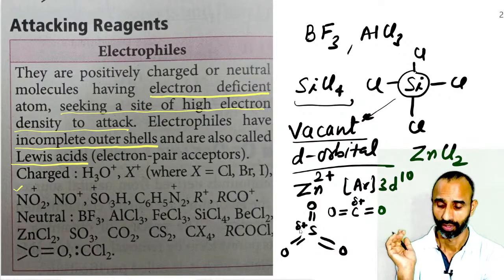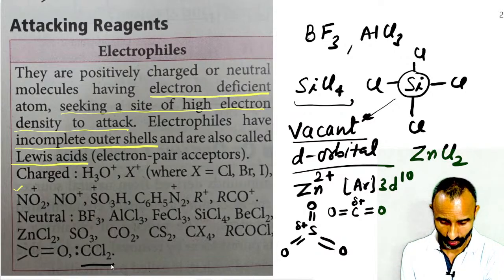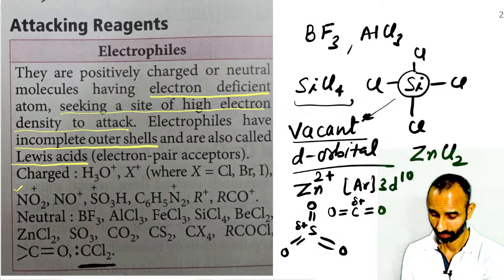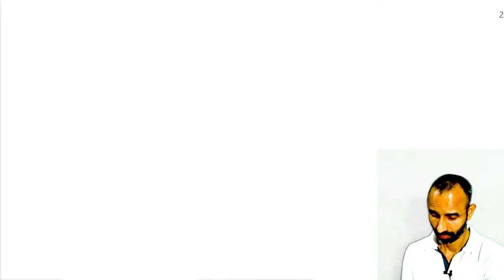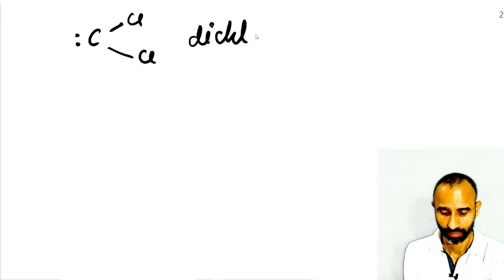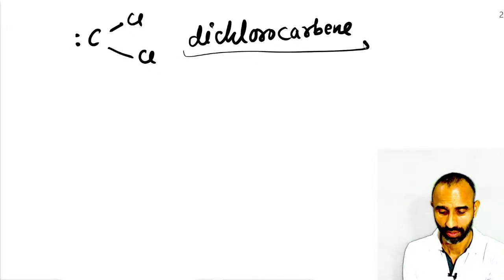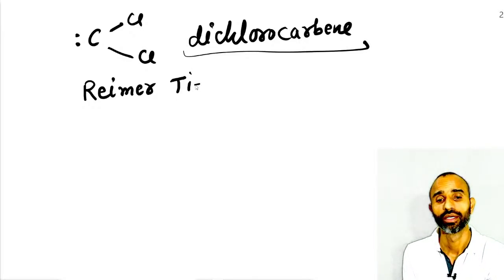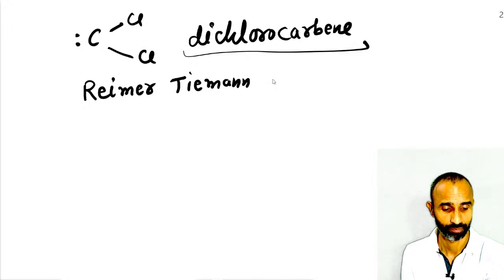Understood. This is well known. What is this? CCl2, carbene. Yes, it is dichlorocarbene, a polyhalogen compound, and it is used as a reagent in the Reimer-Tiemann reaction of benzaldehyde.